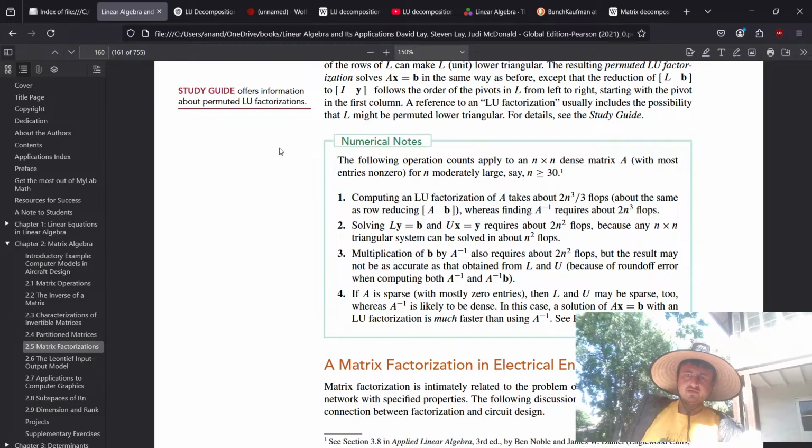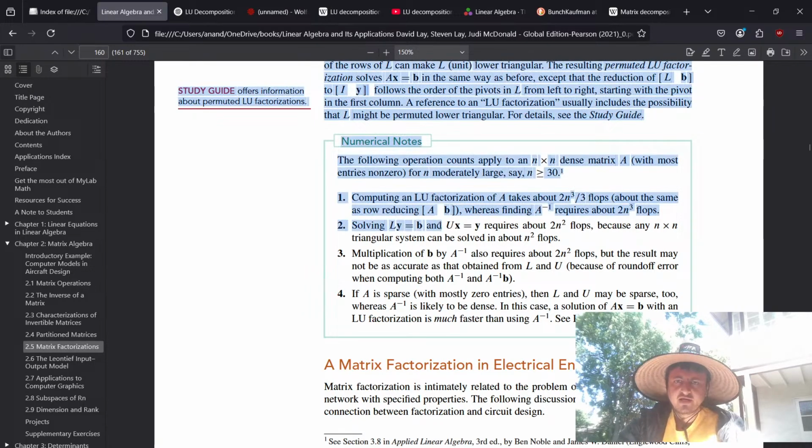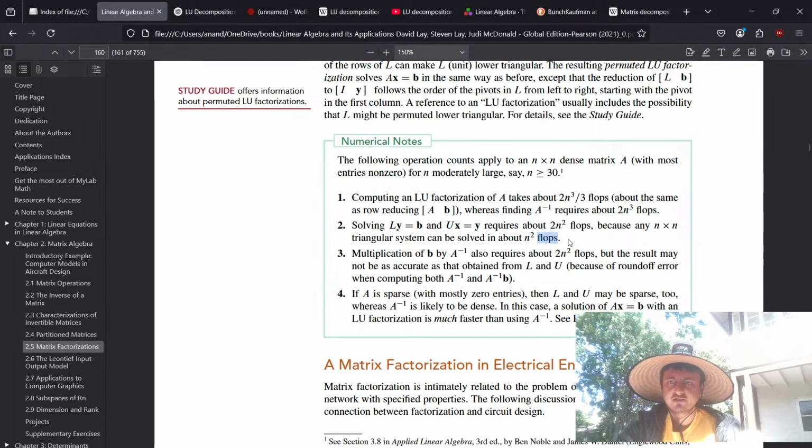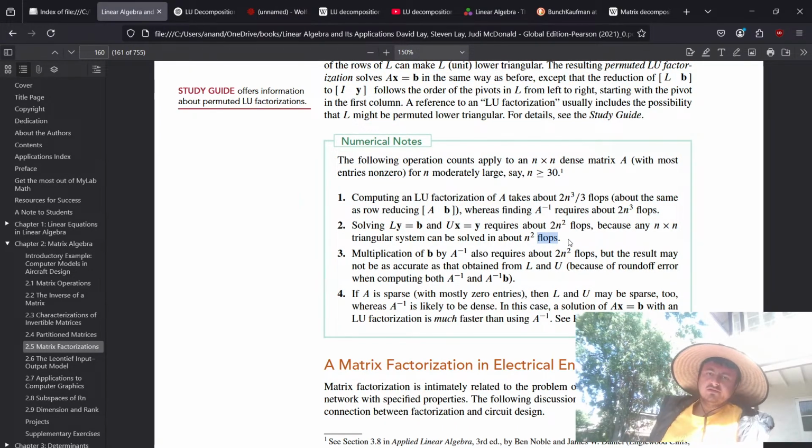Inverting a matrix takes 2n cubed. Solving Ly = b and Ux = y is 2n squared, because any n by n triangular system can be solved in n squared steps.